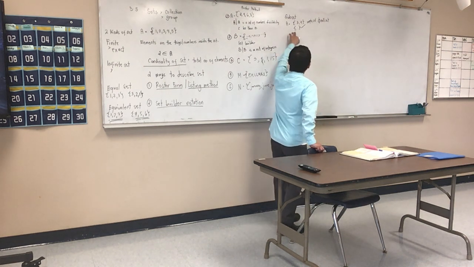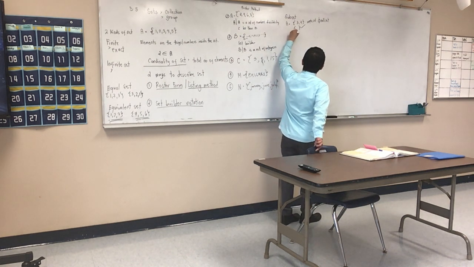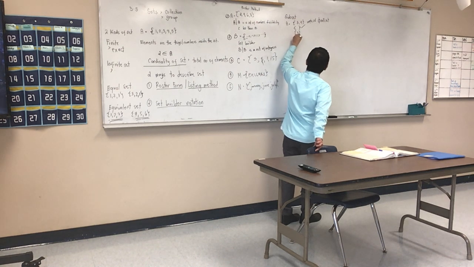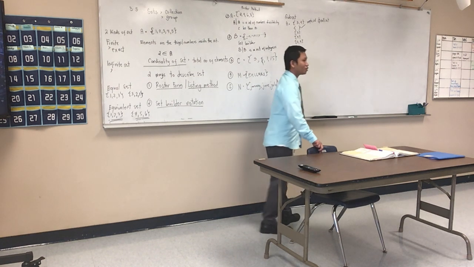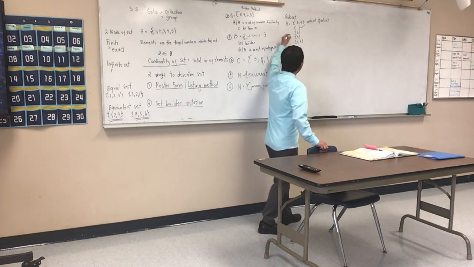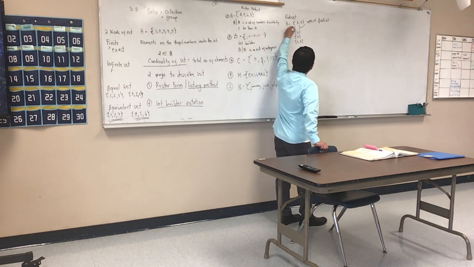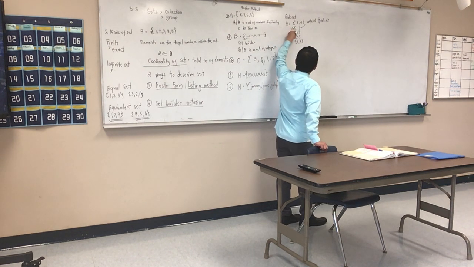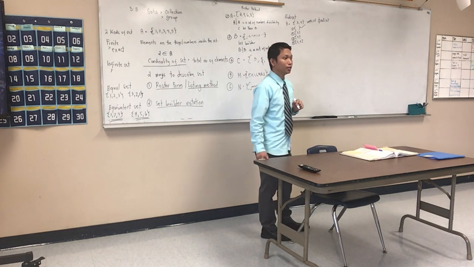So this is the first subset. The second one is 3. The third one is 4. And the fourth one is the set itself. So these are the subsets. How many subsets do we have? 1, 2, 3, 4 subsets. Okay?